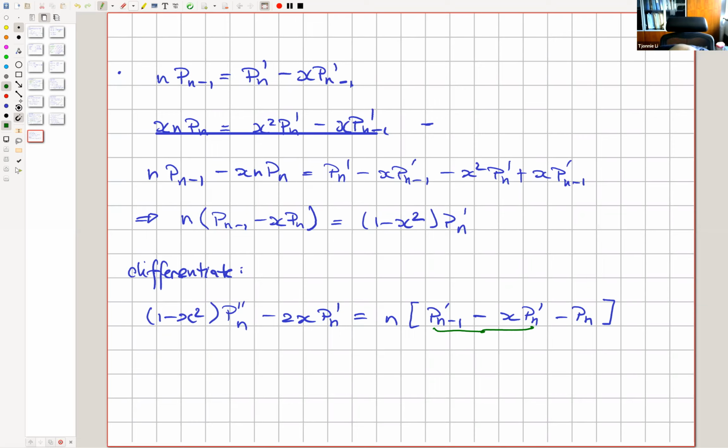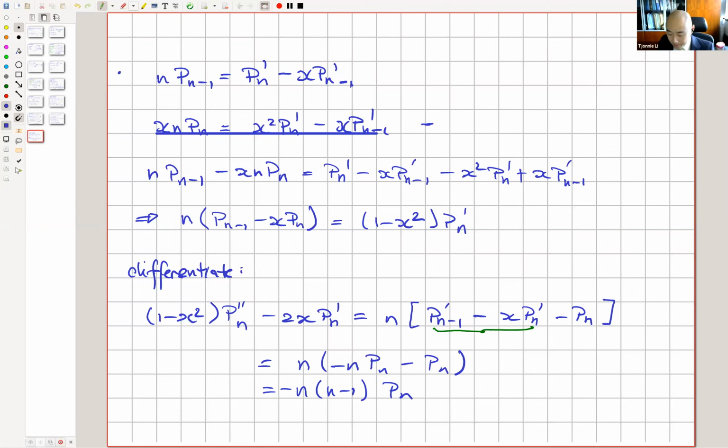I get this now equals to, let me make sure I get this right. So this is n, and this is minus n pn, and all of this is minus pn. In this case, this is indeed n minus 1.